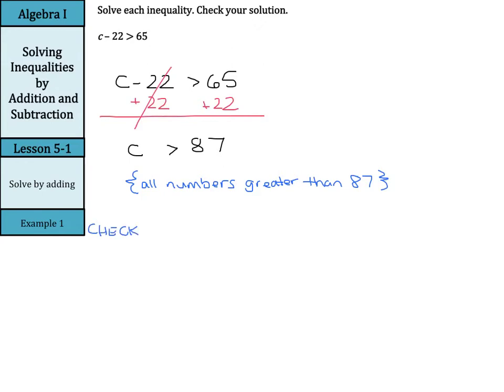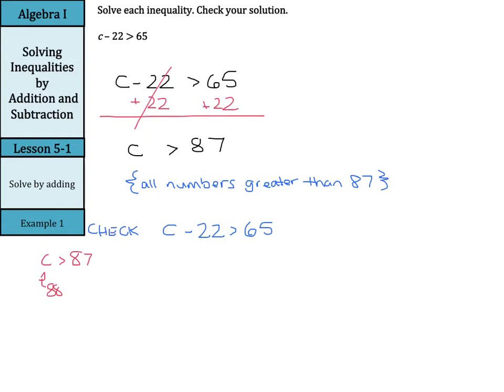So as we check this, rewrite the original inequality. So c minus 22 is greater than 65. Now, pick a number. We have c is greater than 87. Well, in order to check this, we need to pick a number that is greater than 87, such as 88.